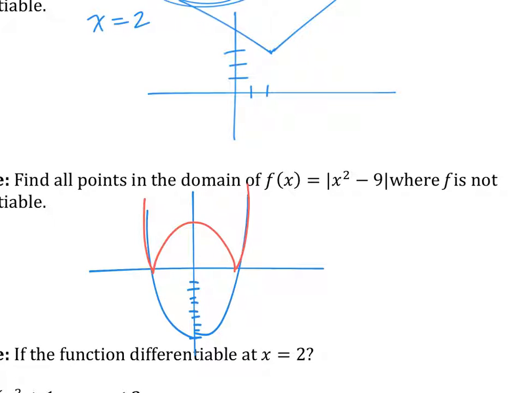I'm going to let you do it for maybe 10 seconds. Write down those values. Which numbers in the domain are not differentiable? Okay, William. 3 and negative 3? Yes, 3 and negative 3.